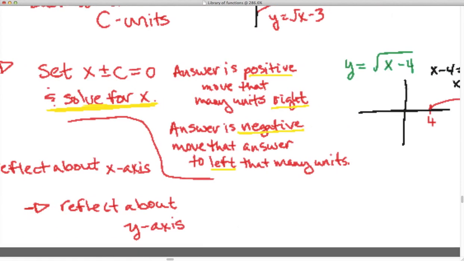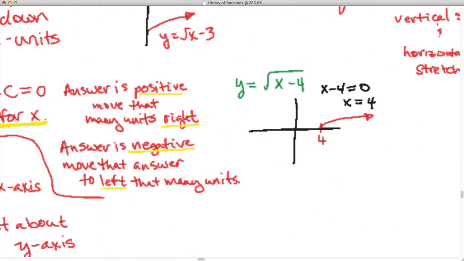So the two reflection rules, if I gave you a negative inside the parentheses, but flip it that way and reflect it about the y-axis.